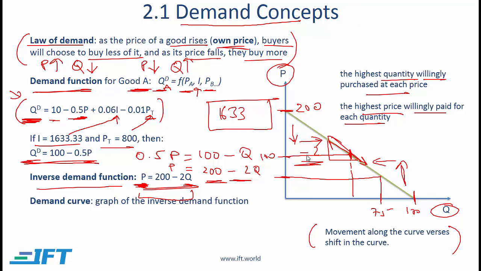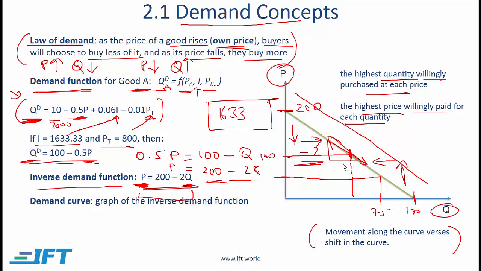If anything else changes, such as the income level or the price of tables, then the demand curve will shift. So very simplistically, if overall income levels go up from 1633 to say 2000, then if you come up with a new demand curve, you'll notice that it will be higher than this particular demand curve.